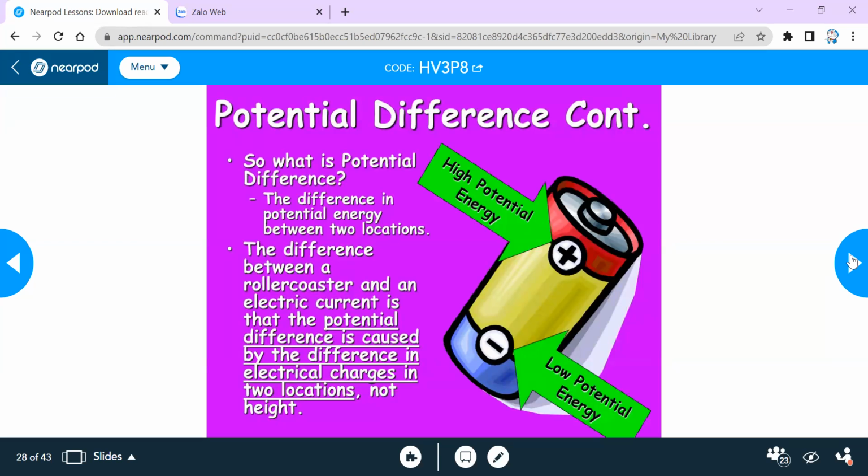The difference between a roller coaster and an electrical current is that the potential difference is caused by the difference in electrical charges in two locations, not height. For a roller coaster, the higher you go, the more potential energy you have. Whereas for electric charges, it's two different locations instead of high and low.